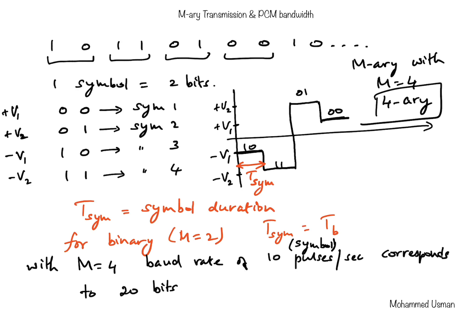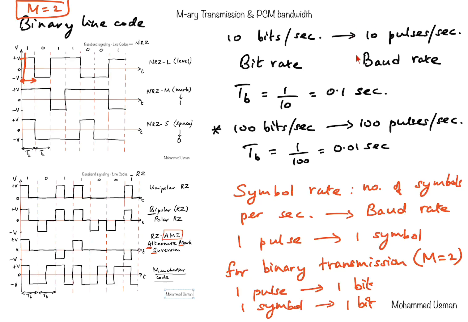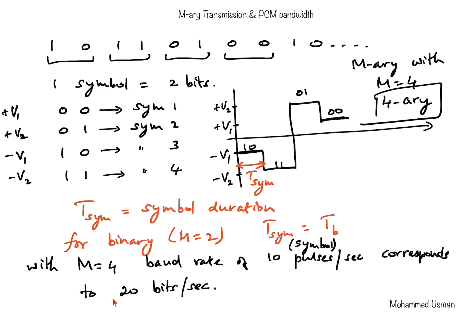So what we notice is we have increased the bit rate in this case without increasing the symbol rate or the baud rate. So the baud rate is the same as before, which is 10 pulses per second, but the bit rate has now gone up from 10 bits per second to 20 bits per second, because we are representing each pulse with 2 bits.